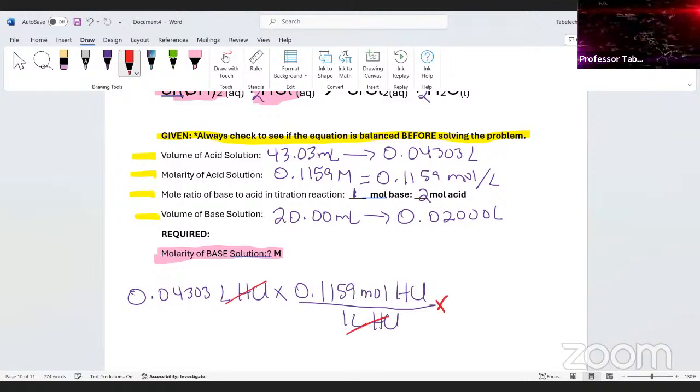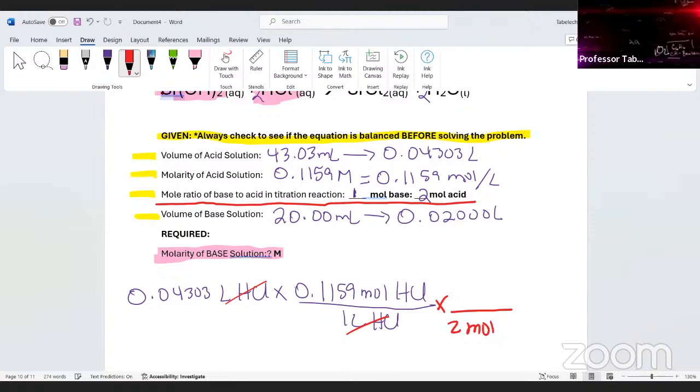And now in this next step that I'm highlighting in red, this part right here, your mole to mole ratio of your base to your acid. And remember, on the bottom, we want to get rid of the acid because we're trying to find the moles of the base. So 2 moles goes on the bottom, and on the very top, 1 mole of strontium hydroxide.